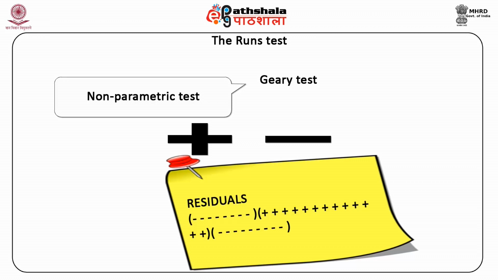When we observe that a positive residual is followed by a positive residual for a large number of periods, and similarly a negative residual is followed by a negative residual for a large number of periods, then we say that we are observing few but long runs. Positive autocorrelation is said to be present in such a scenario. On the other hand, if runs are short and change quickly, then we can say that negative autocorrelation is present.